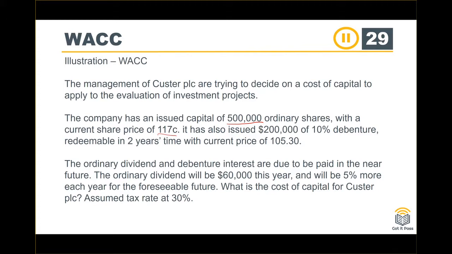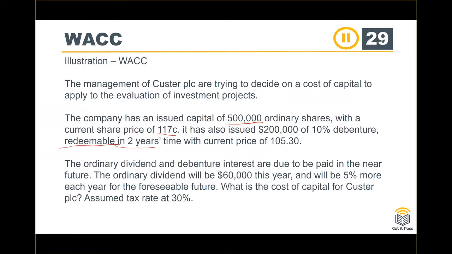It has also issued $200,000 of 10% debenture redeemable in 2 years' time with a current price of $105.30. For redeemable debenture, if you would like to find the cost of debt, the IRR method should be applied.